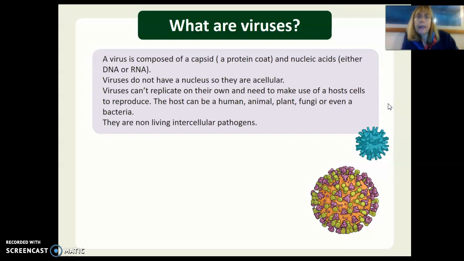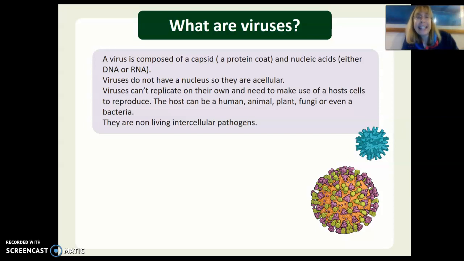So it says here, a virus is composed of a capsid, which is a protein coat, and nucleic acids, either DNA or RNA. You see, a virus isn't considered living because it's not a cell with a nucleus and cytoplasm and mitochondria and all the things we've come to know with cells.